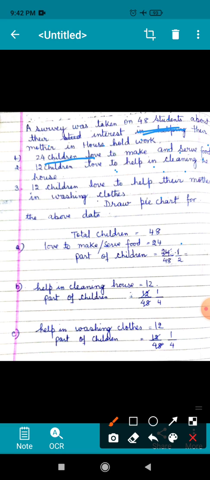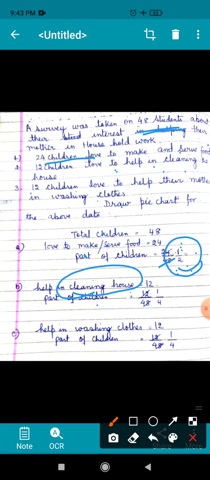By dividing 24 and 48. When you reduce this, 24 divided by 24 comes 1, and 48 divided by 24 comes 2. It means half of the circle will represent the children who love to make and serve food.